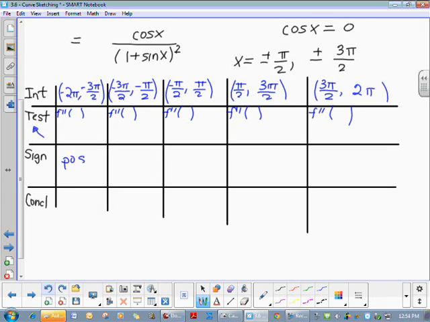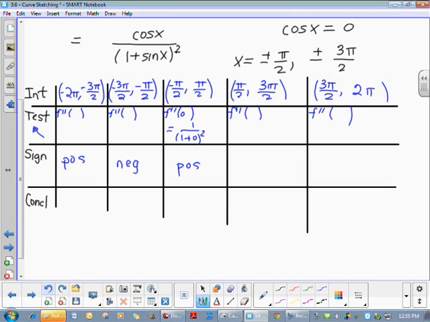And then from negative 3 pi over 2 to negative pi over 2, you will notice that we would have a negative sign. On the interval negative pi over 2 to pi over 2, we can do one of these very quickly. If we test 0, we would have the cosine of 0 on top, which is 1, over 1 plus the sine of 0 on the bottom, which is 0, of course. Square all that, and you get a positive number. So we're positive there.